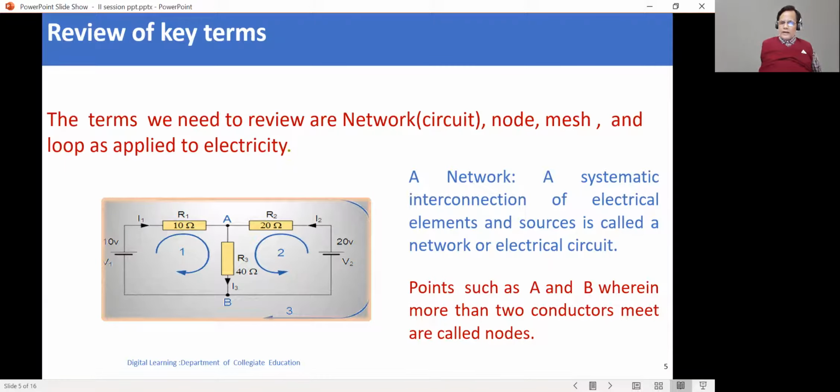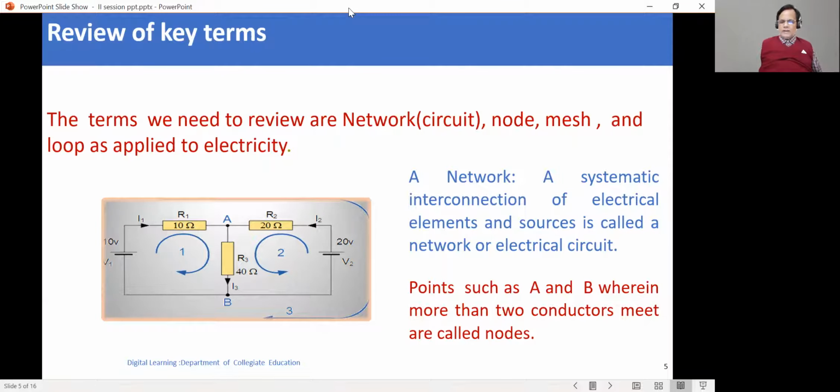A network or a circuit, very often these two terms are interchangeably used, is a systematic interconnection of electrical elements, that is the passive elements like the resistors, inductors and capacitors. In our course, of course, we are only concentrating on resistors. Such elements consume electrical energy, therefore they are known as passive elements.